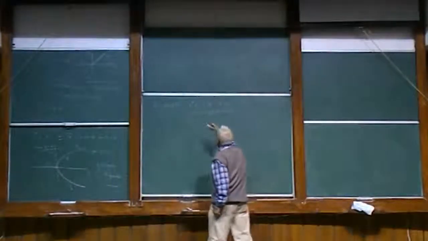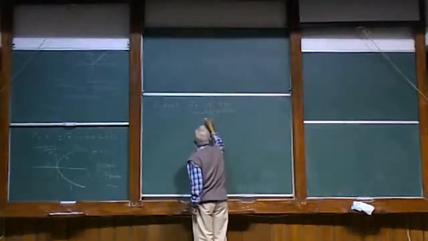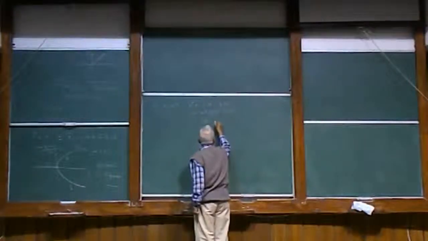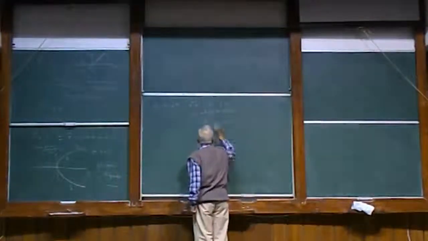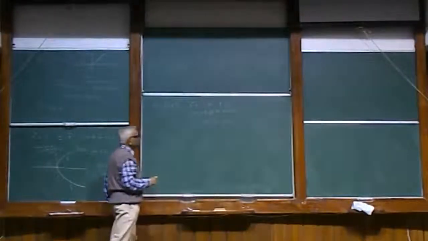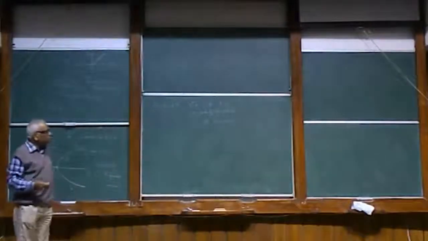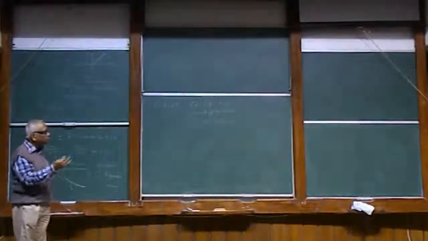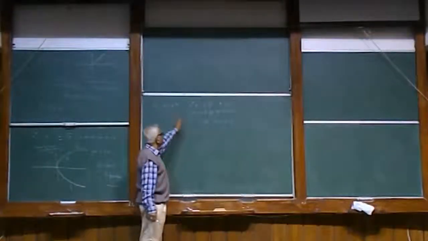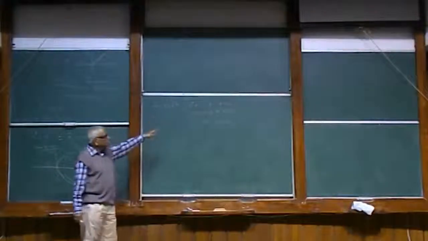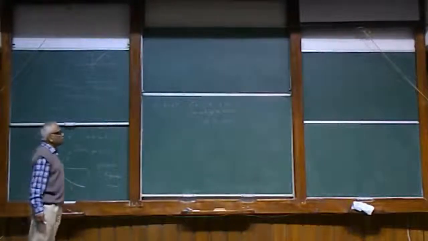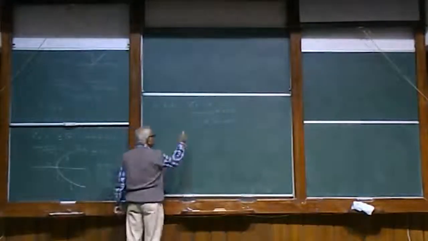The question was about the fixed point at x star equal to 0 for r equal to 0. So there is something to be said about that. Obviously, if r is equal to 0, there is a double fixed point, actually two of them coalescing, at x equal to 0.